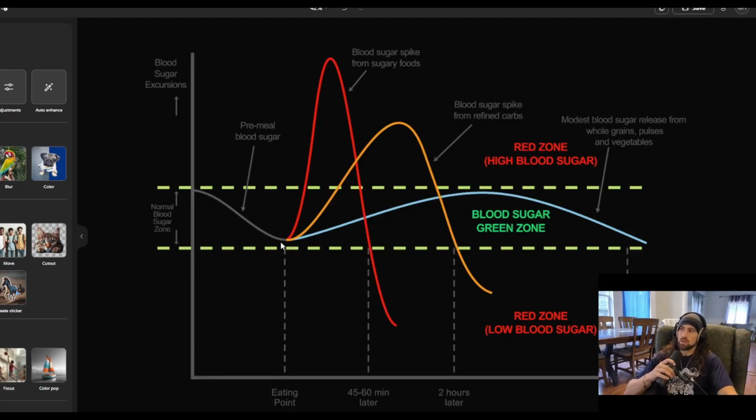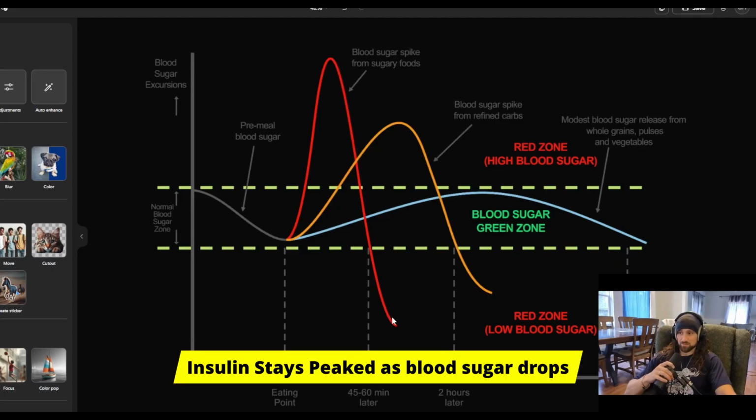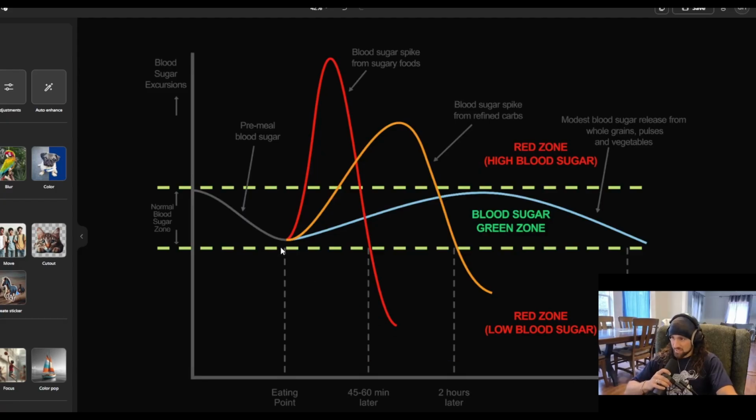It sends that out into the bloodstream to help open up all of these cells, and it does such a good job of mopping up the blood. It peaks up here, and the insulin, the signal to store stuff, stays and keeps storing, and it overdoes it because it doesn't remove itself from the blood fast enough. So if you get too much energy in the blood and it's like, put it all away, it overdoes it and you end up down here.